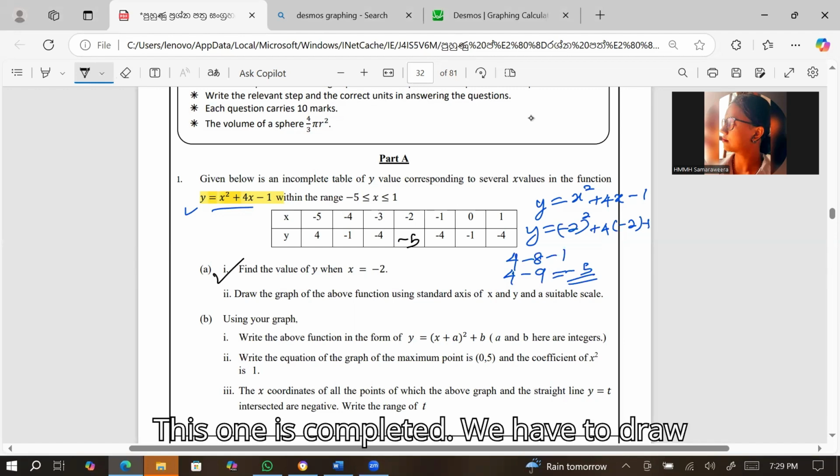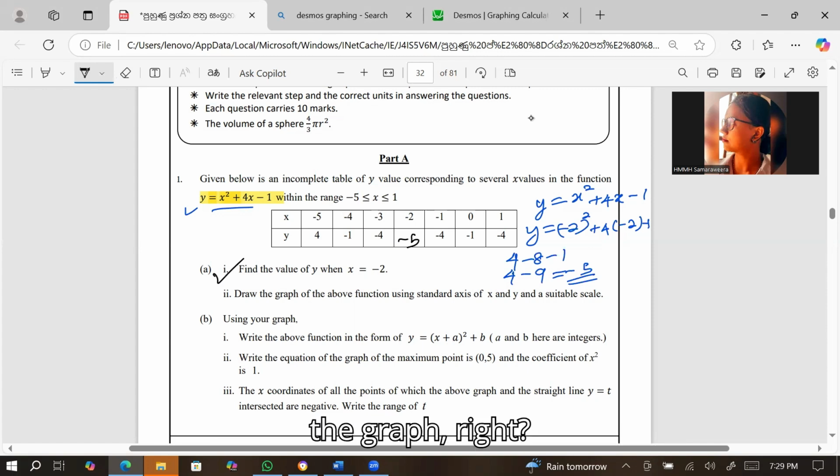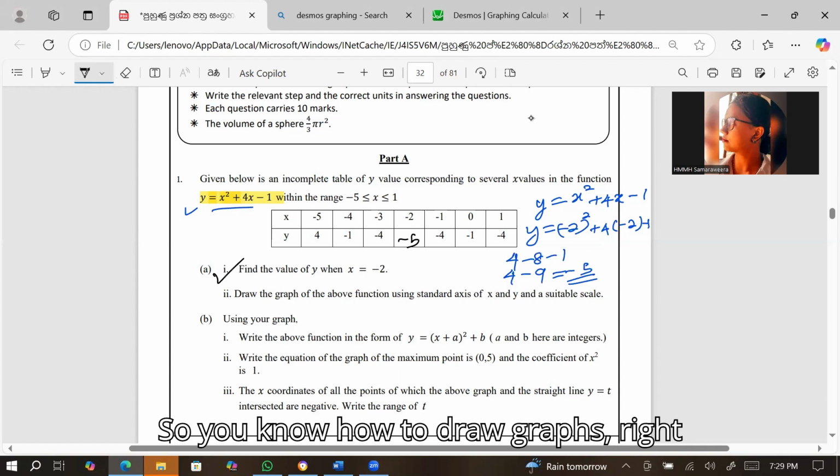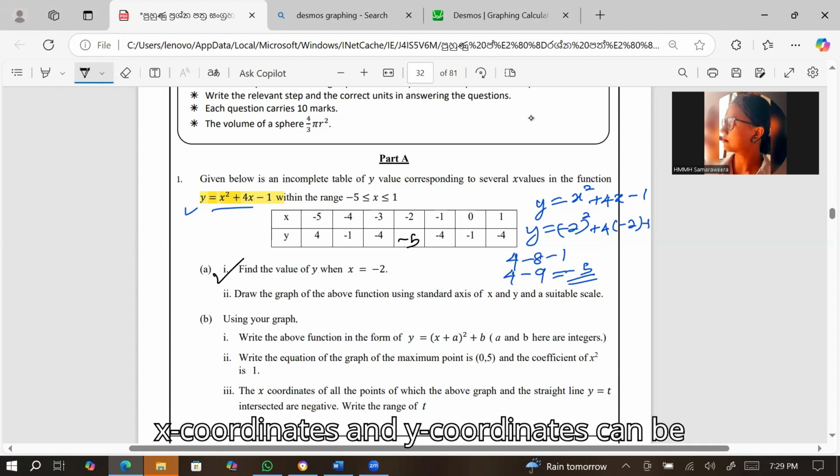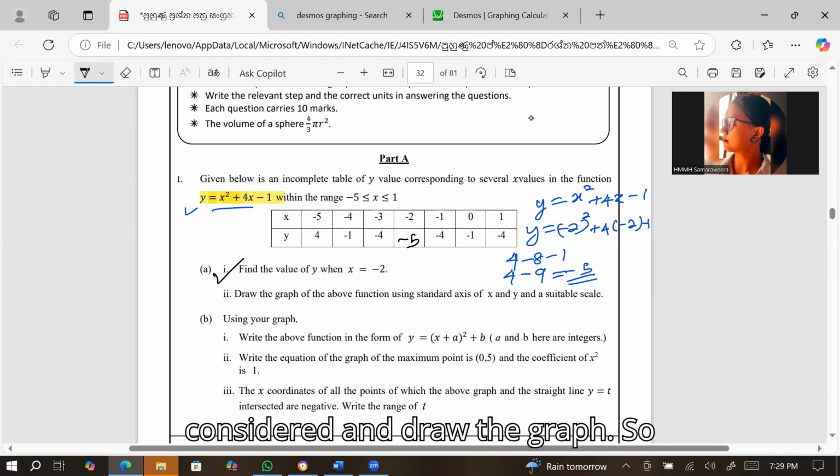Now this one is completed. We have to draw the graph, right? So you know how to draw graphs, right? X coordinates and y coordinates can be considered to draw the graph.